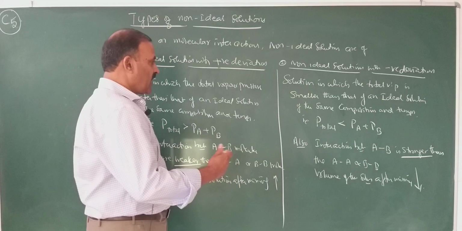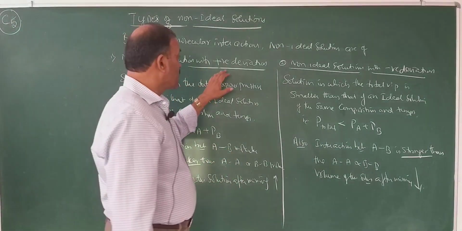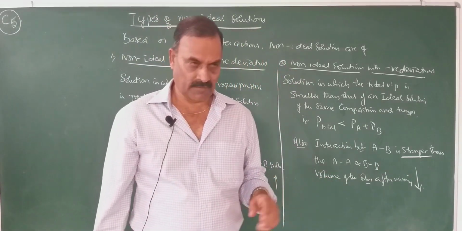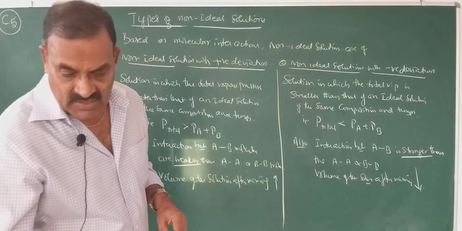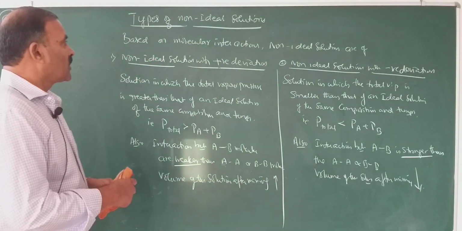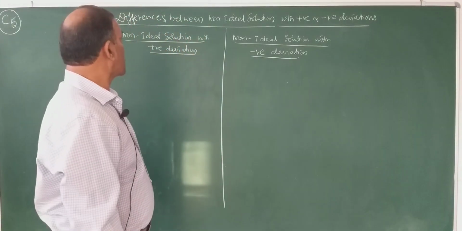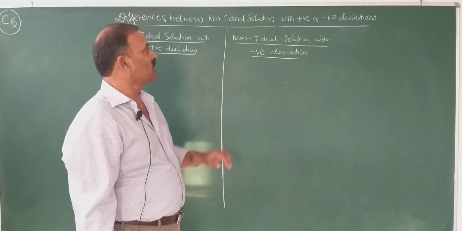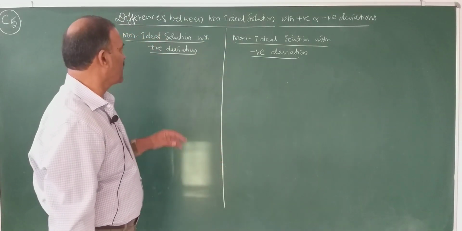So, this is the main difference between non-ideal solutions with positive deviation and non-ideal solutions with negative deviation. So, this classification is based on molecular interactions. Now let us study the differences between non-ideal solutions with positive deviation and non-ideal solutions with negative deviations.